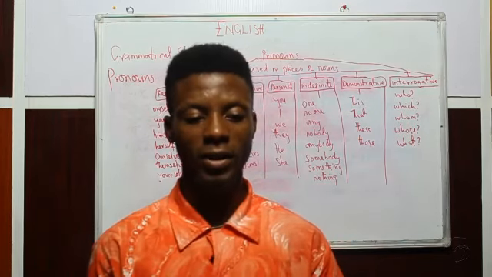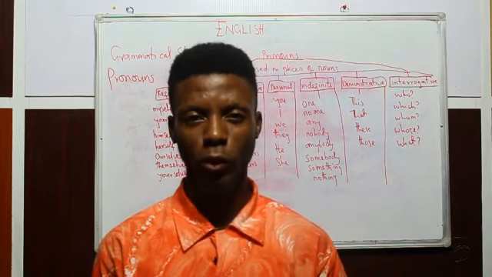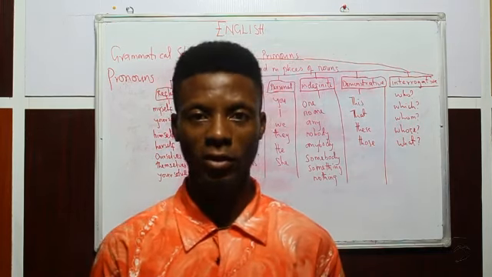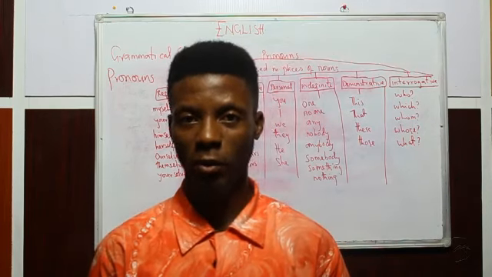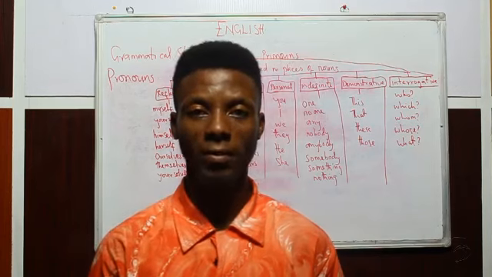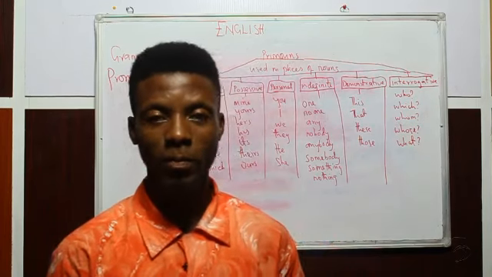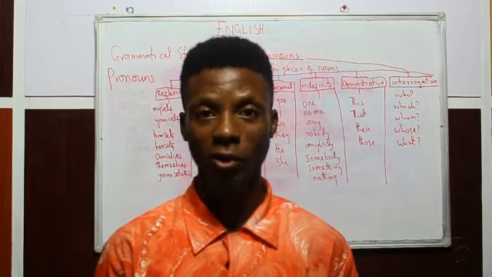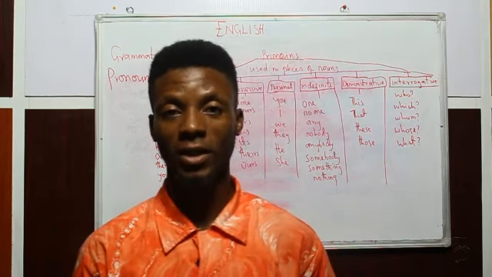The first sentence says the students have been expelled. We don't know which set of students or what the students did to have been expelled. But in the second sentence, we have who were publicly flogged. So here we know that the students that were publicly flogged were definitely guilty of a crime, and that is why they've been expelled.